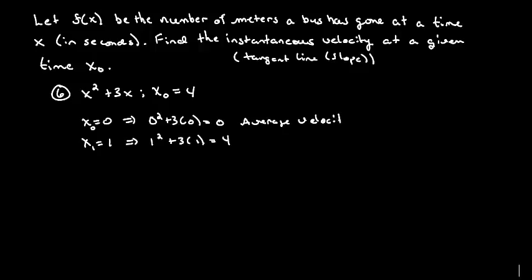Its average velocity is going to be equal to its change in position, which is 4 meters, over its change in time, which is 1 second. We went from 0 seconds to 1 second, and our position changed from 0 to 4 meters. So the bus had an average velocity of 4 meters per second.